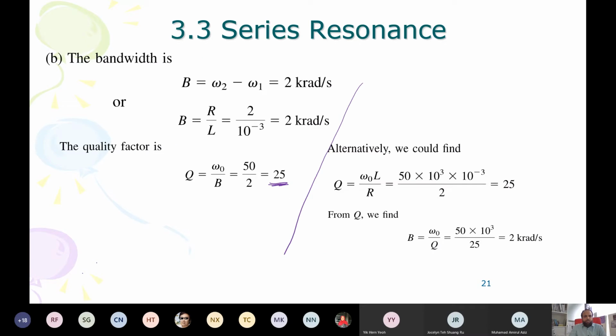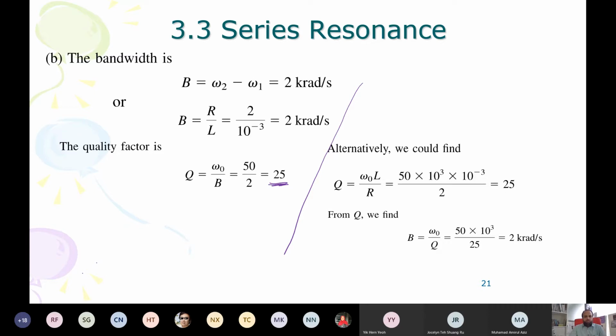So bandwidth is omega 2 minus omega 1, or you can use the other formula, R upon L, as well. And the quality factor is omega naught over B. We find Q is 25, which shows that it's a high Q circuit, and we can use B upon 2 on each side of omega naught.